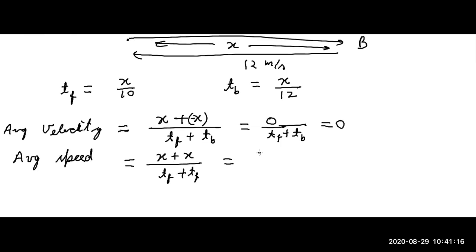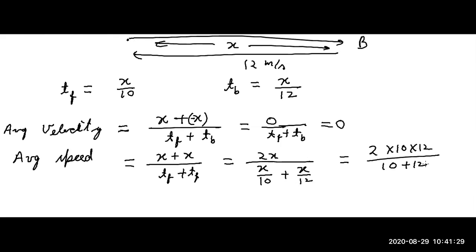How much will it be? 2x divided by x by 10 plus x by 12. So it is 2 into 10 into 12 divided by 10 plus 12. That is 240 by 22. In this way we can find the average speed.